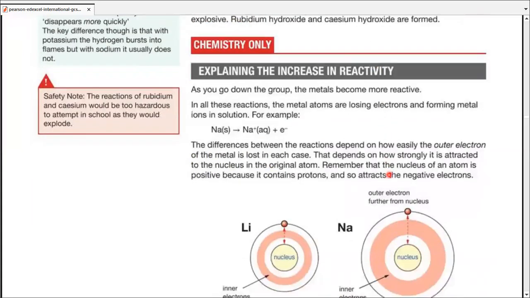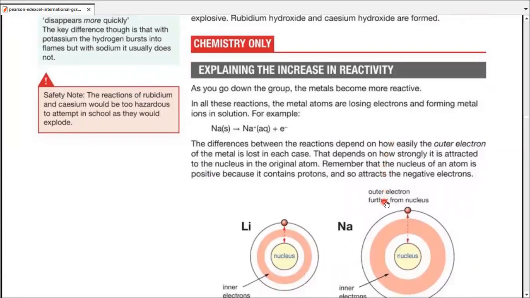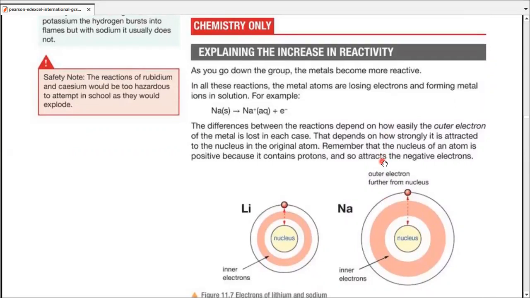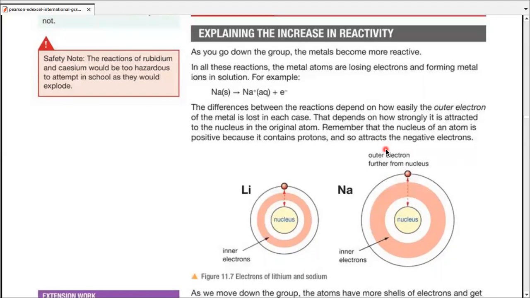Now, in case of chemistry, we need to explain the increase in reactivity. We have been consistently saying that as you go down the group, the metals become more reactive. Now, explaining those, remember, we have previously discussed that reactivity has everything to do with the valence electrons. In all these reactions, the metal atoms are losing electrons and forming metal ions in solution.